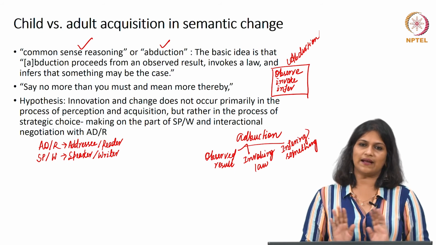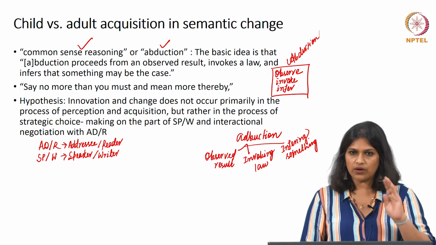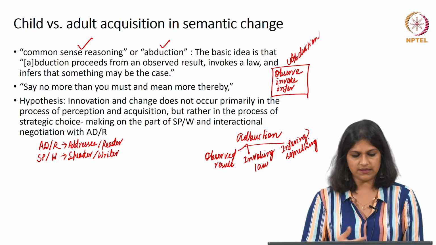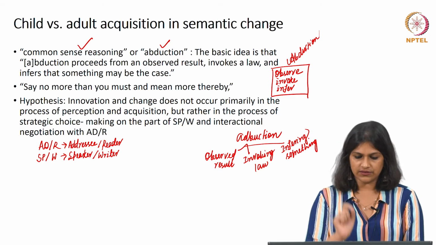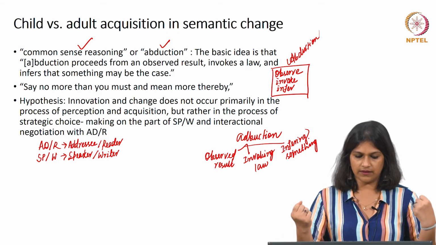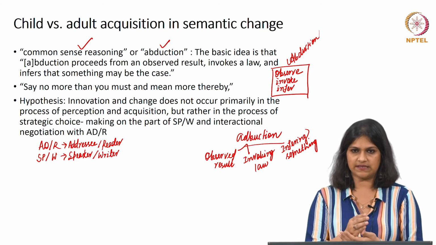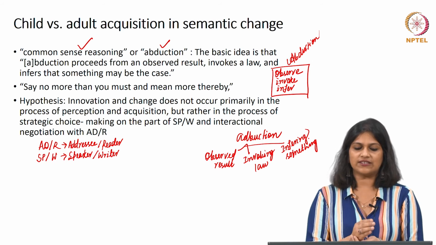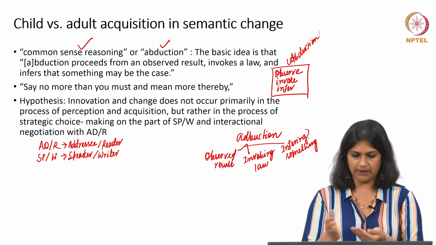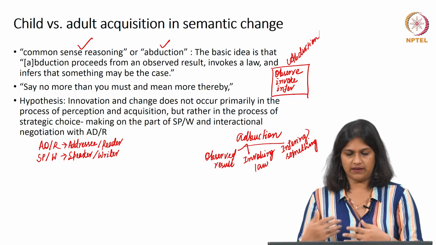During the language acquisition process you do not innovate, during the perception process you do not innovate. So, when does innovation happen? Innovation happens in the process of strategic choice. You have to choose things strategically, and that strategic choice would be on the part of the speaker or writer, that is what is written, SP/W, and the interactional negotiation with the AD, meaning the addressee or reader. Let us say writer and reader, or addressee and speaker.